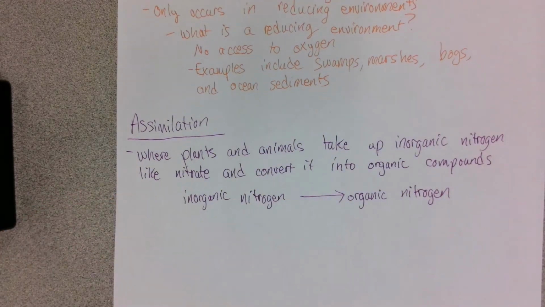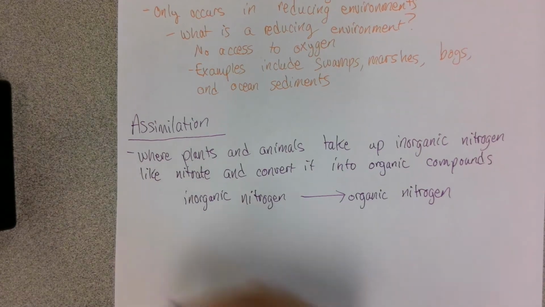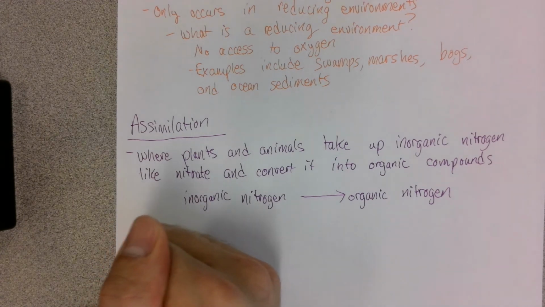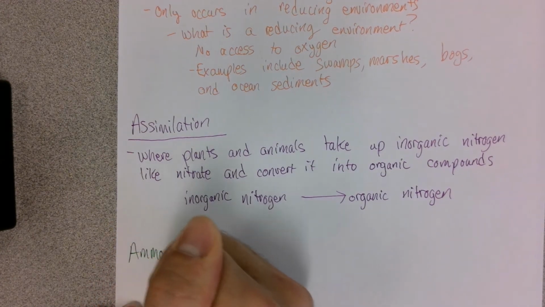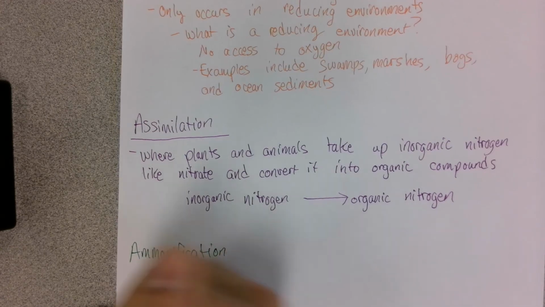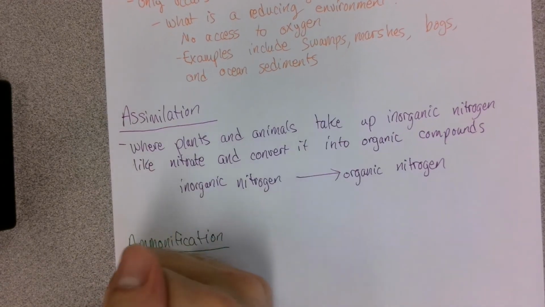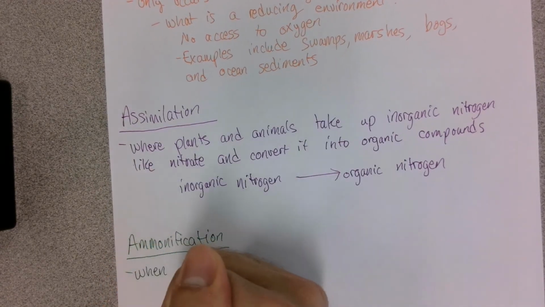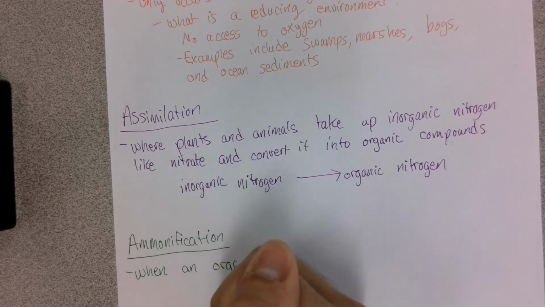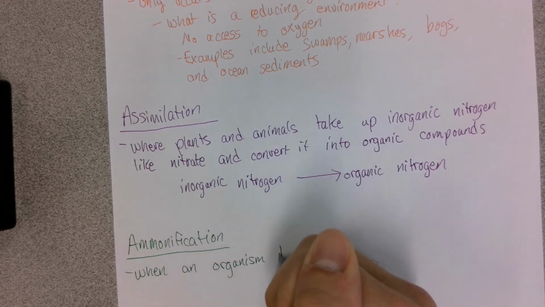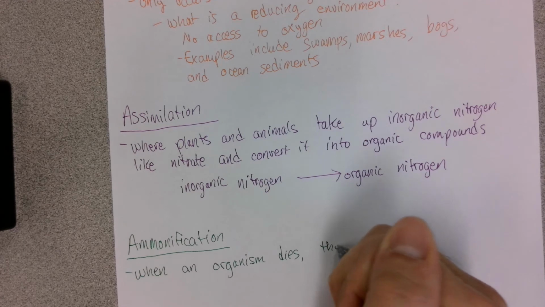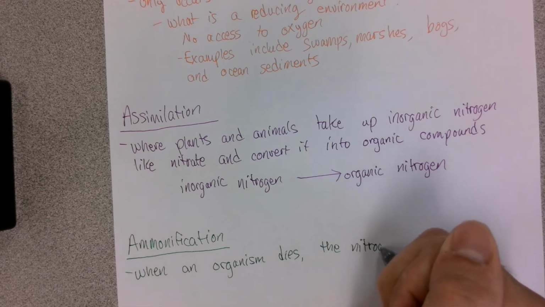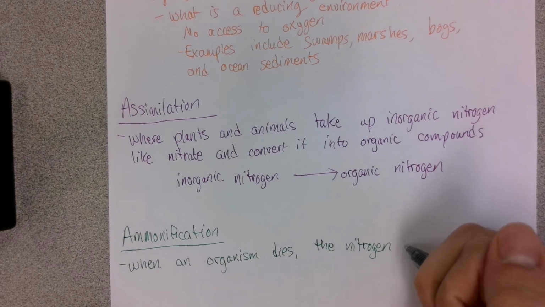Alright, the last process that I want to talk about also starts with an A, and it looks like I'm running out of colors, so I'm going to go with green. The last process is called ammonification, and ammonification is actually the opposite of assimilation. When an organism dies, the nitrogen that's in its body is going to go back into the soil.